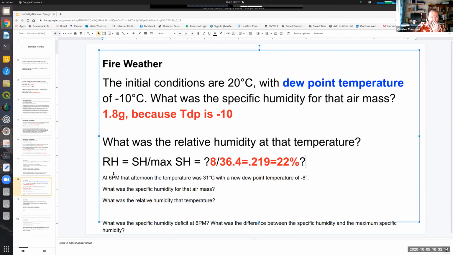Relative humidity equals specific humidity over maximum specific humidity, and the specific humidity is 1.8, right? So we've got 1.8. And the maximum specific humidity at 20 is 14.7, right?